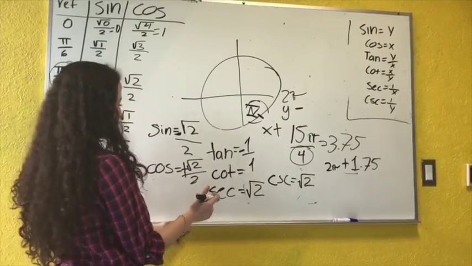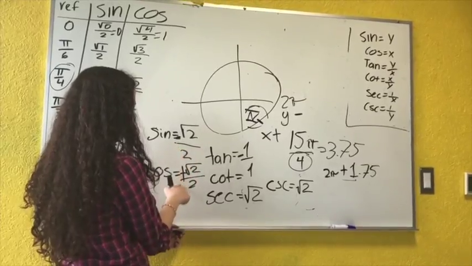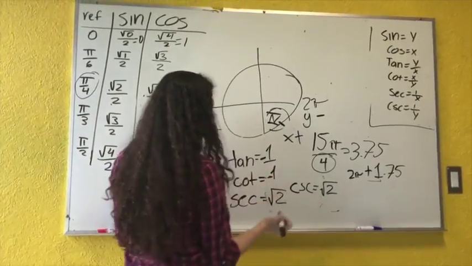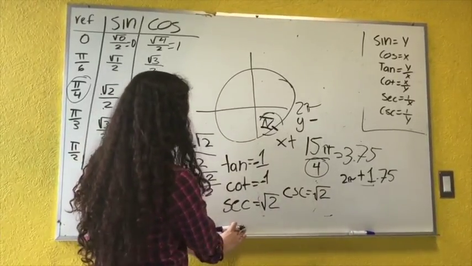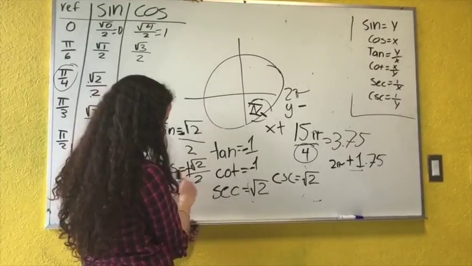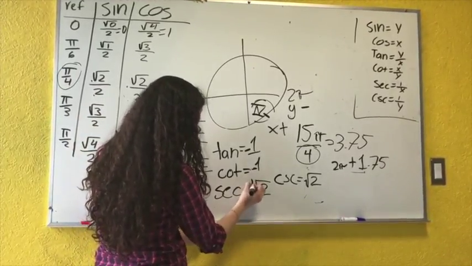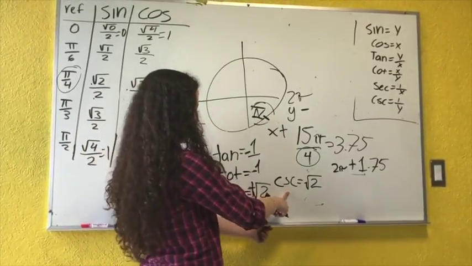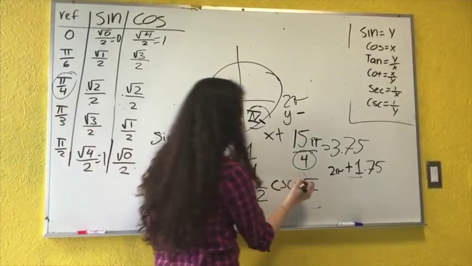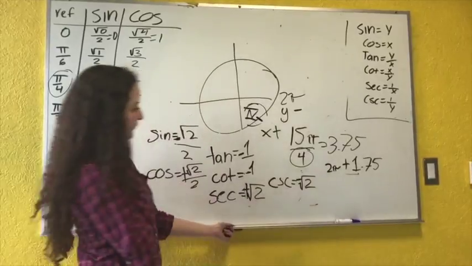Now the cotangent is going to be x over y, so positive over negative, which is going to be negative. The secant is going to be 1 over positive, so it's going to be positive. The cosecant is going to be 1 over y, so 1 over negative, it's going to be a negative number.